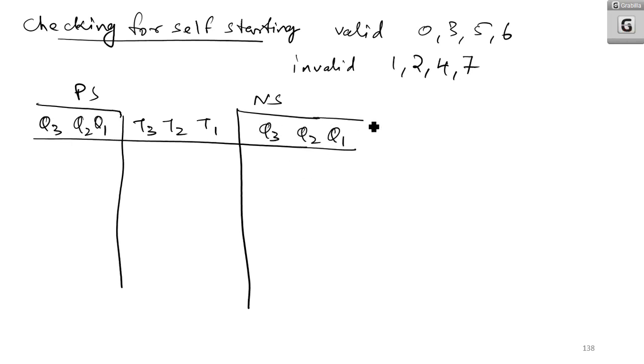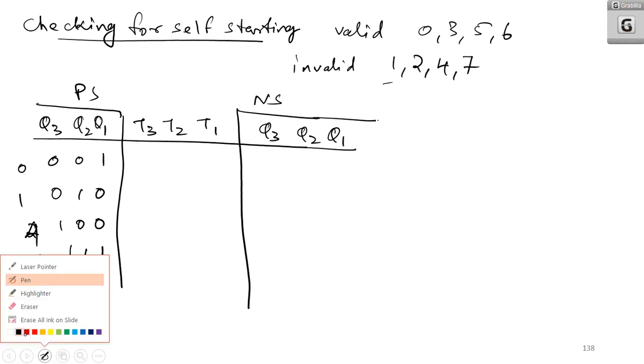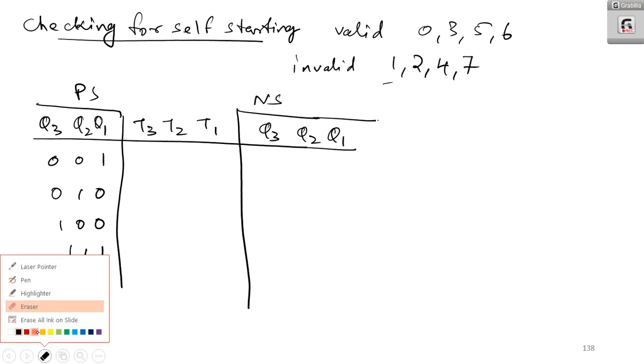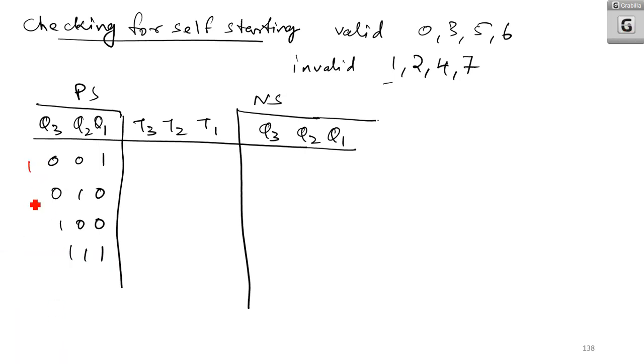So 1 is 0, 0, 1. 2 is 0, 1, 0. 4 is 1, 0, 0. 7 is 1, 1, 1. Sorry, there is a mistake. The invalid states are 1, 2, 4 and 7. These are the invalid states.